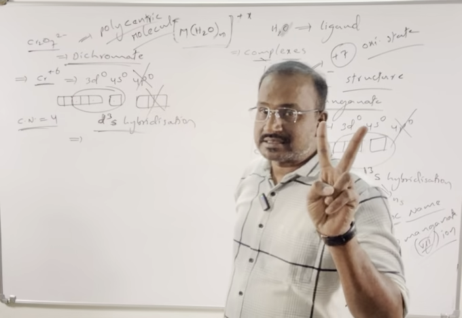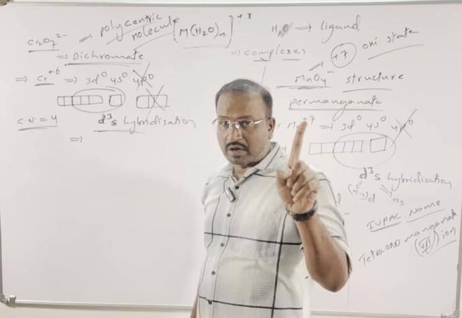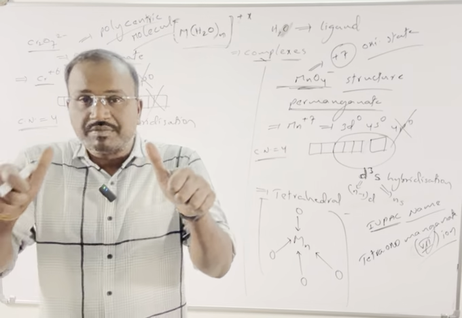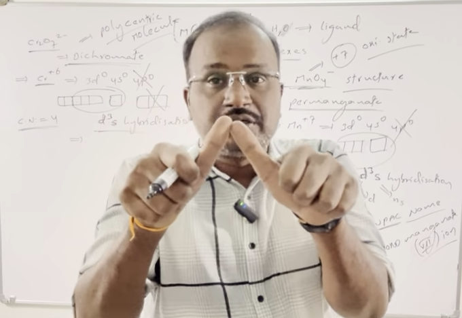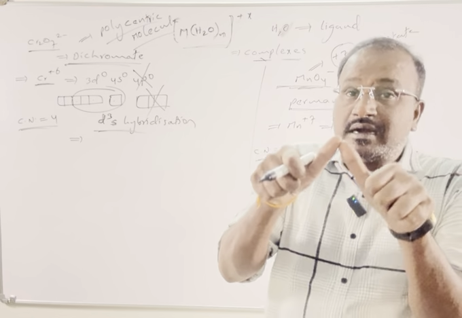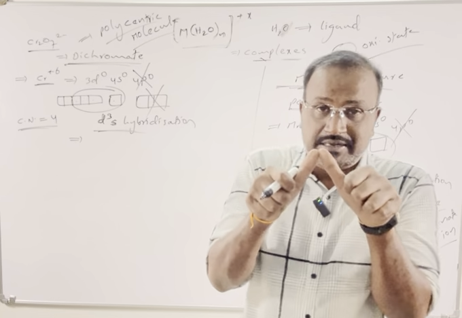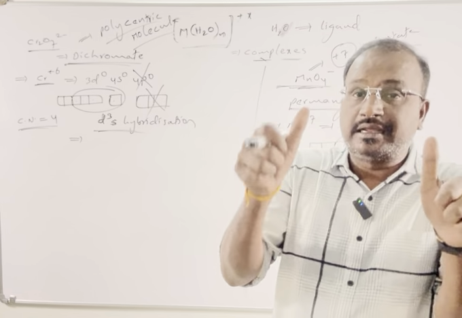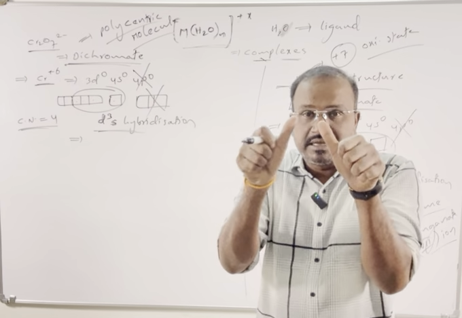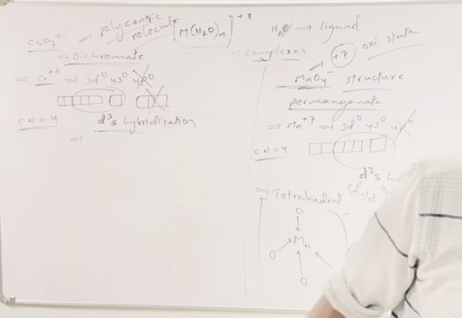Two chromiums are central atoms here, not one chromium. So the two chromiums are linked by one bridged ligand. That bridged ligand here is an oxygen atom.